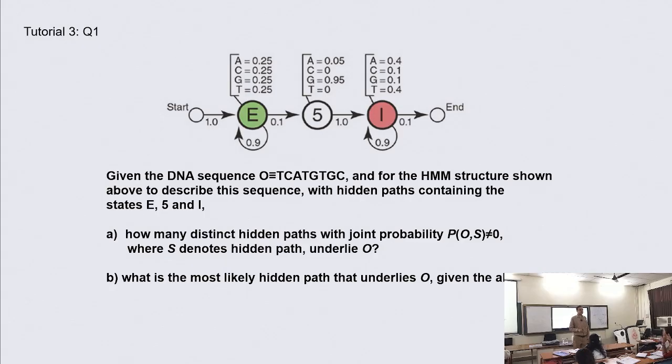So how will you do it? Probability 95%, but still I don't know actually which is the splice site. So there are three paths.